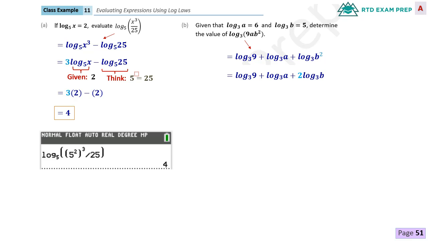Again, we have an exponent that needs to be dropped before we can do so, so we bring down the 2 on the b squared as a coefficient. We evaluate log base 3 of 9 to give 2, and are told that log base 3 of a is 6, and log base 3 of b is 5.